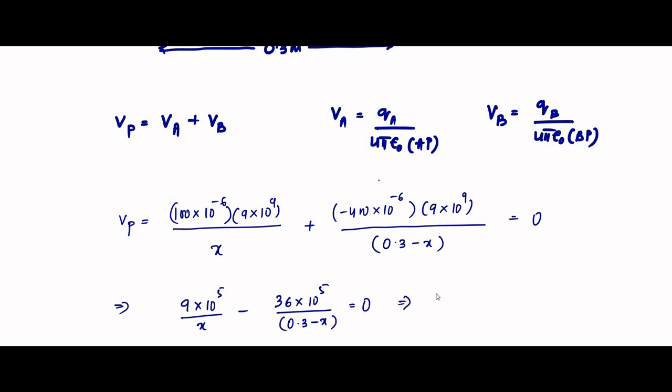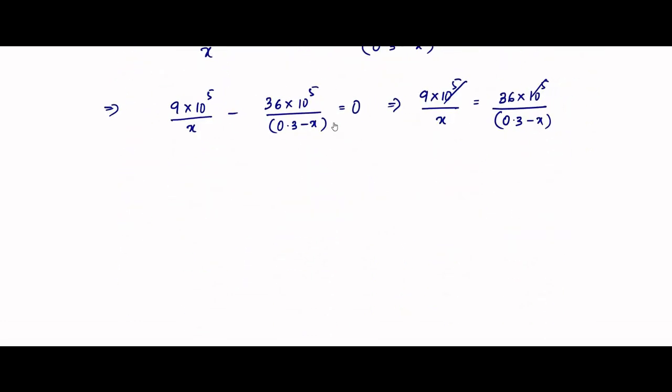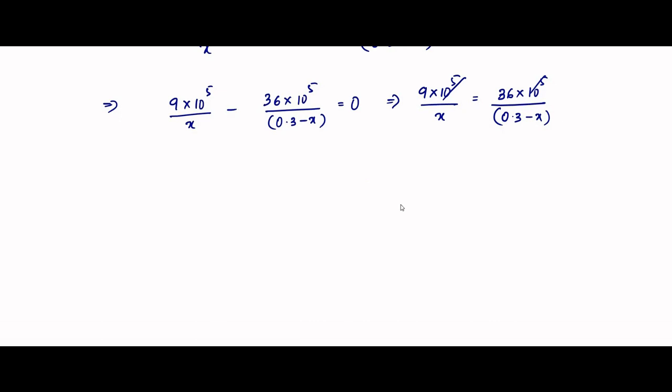That implies 9 into 10 to the power 5 by x is equal to 36 into 10 to the power 5 by 0.3 minus x. This gets cancelled, 10 to the power 5, 10 to the power 5, then it implies 36 by 9 is equal to 0.3 minus x by x.